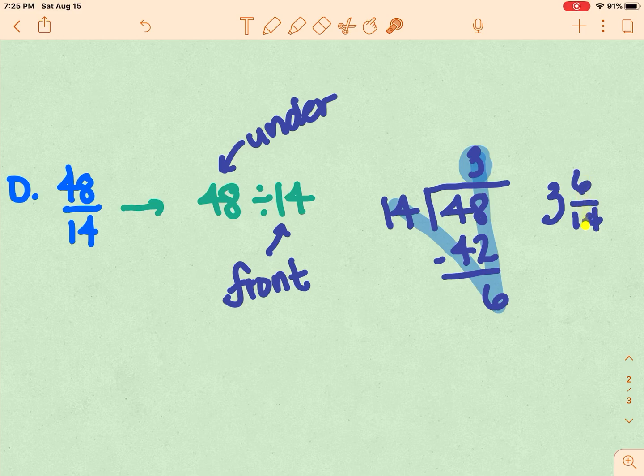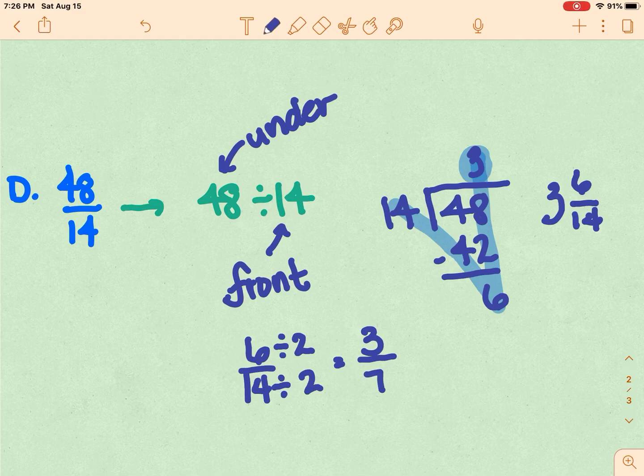I know they're going to have at least one thing in common because I can tell they're both even. So that means that we're going to have to take that fraction part and reduce it. So we have said before, if we know that it's even, that means that 2 would have to go into both of them. So if I reduce that, 6 divided by 2 is going to be 3. 14 divided by 2 is going to be 7.